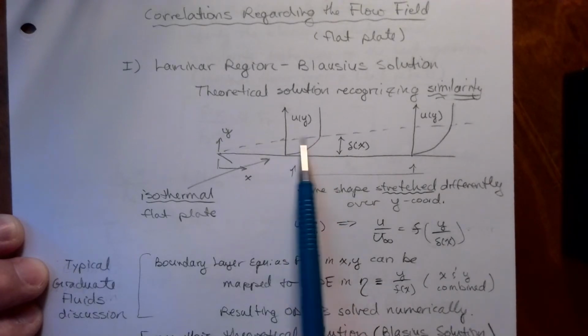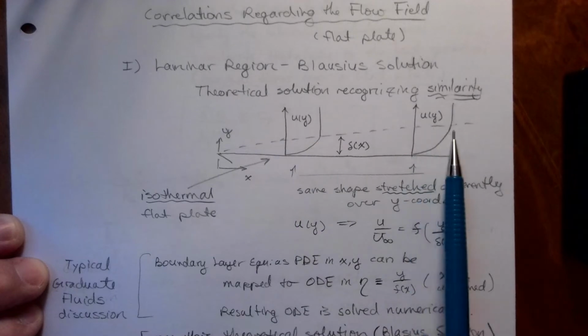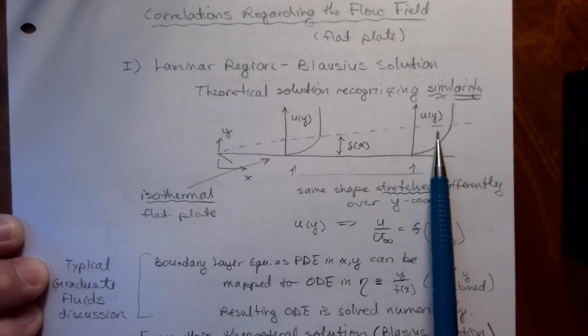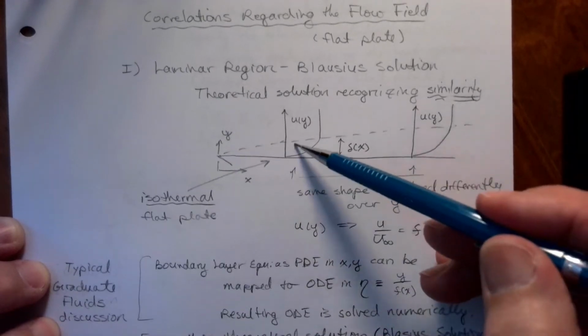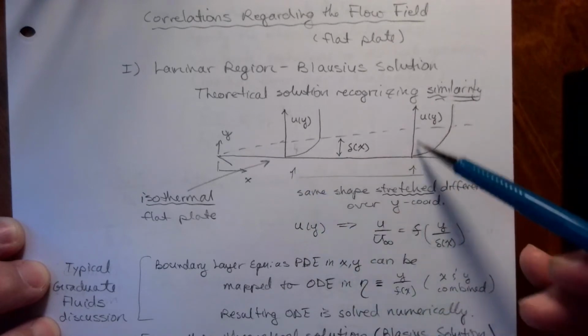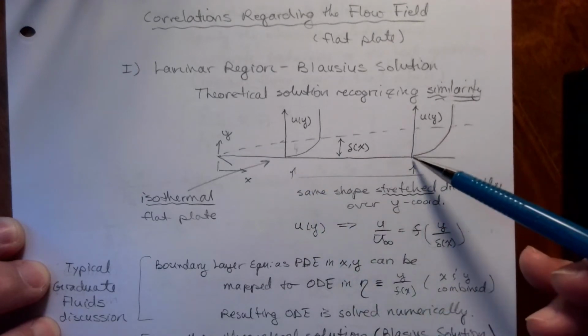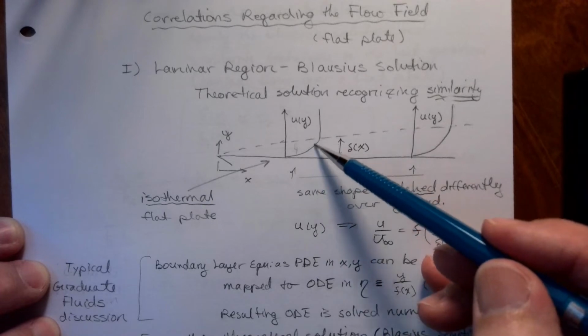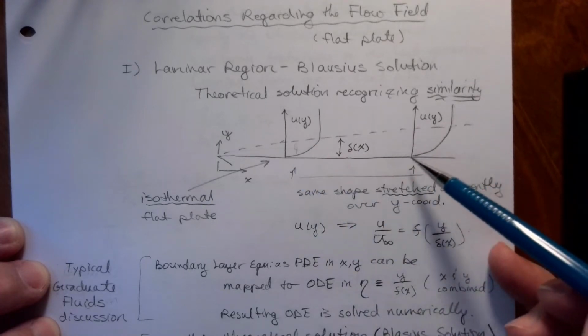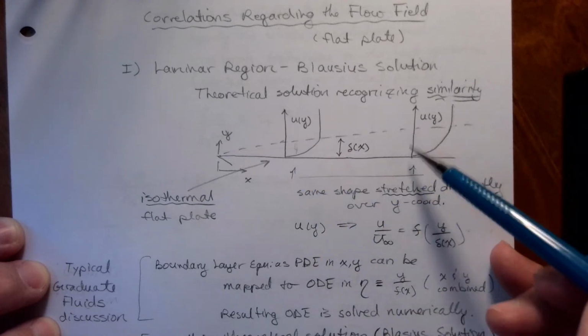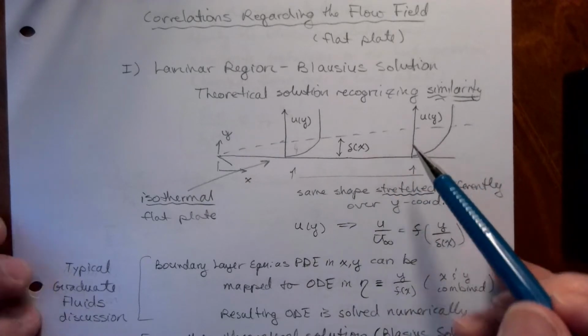That's 0.99 u ambient. Over here it's 0.99 u ambient. The only thing that's different is this distance, this delta from there to there. This is a larger delta. So he presumed that this shape was exactly the same as this shape, just stretched out as you move downstream.